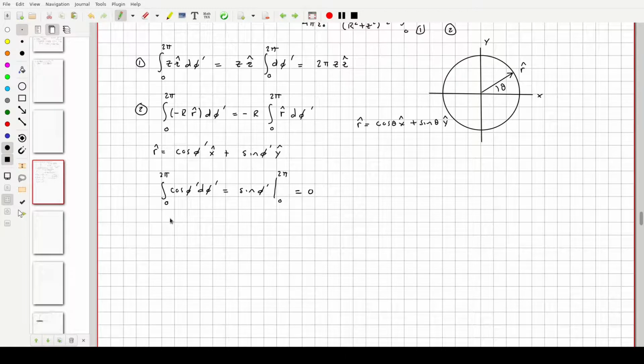I want to try sine. Well, the derivative of cosine is minus sine. There's your antiderivative from 0 to 2 pi. Now, cosine of 2 pi is 1, and cosine of 0 is 1.